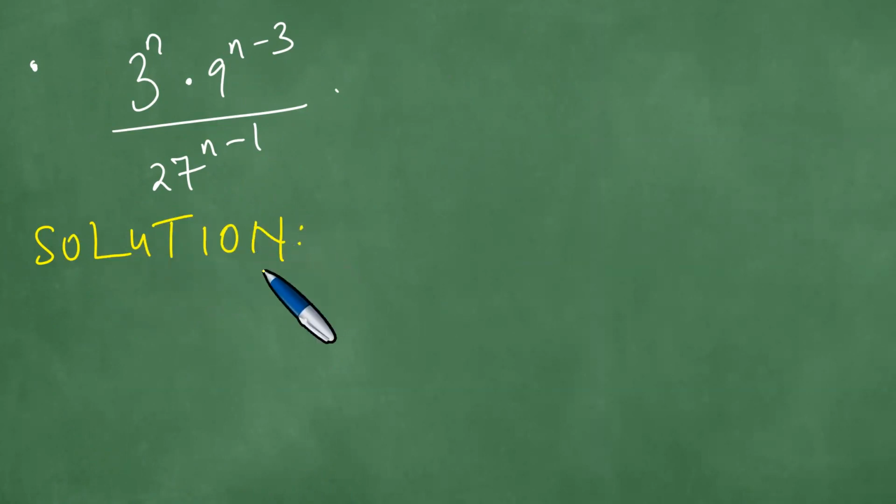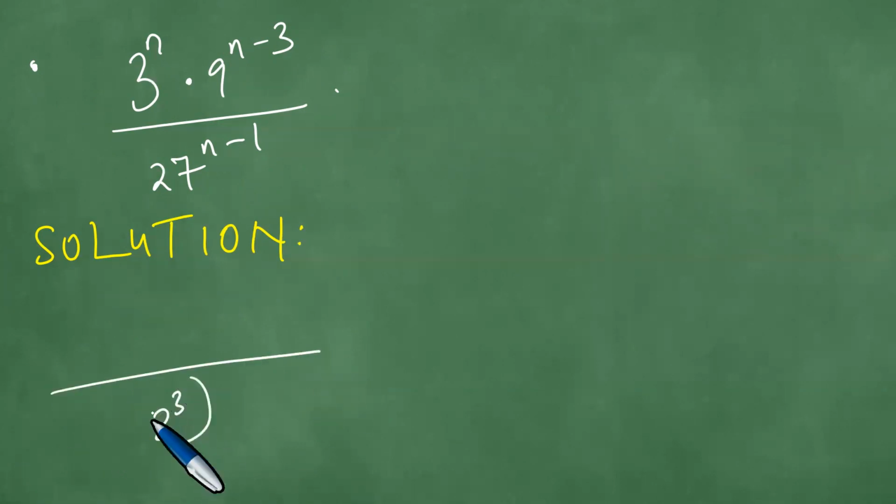At the bottom you say 3 to the power 3. Well done. At the bottom we say 3 to the power 3 because we know that 27 is 3 to the power of 3, and then there's n minus 1.